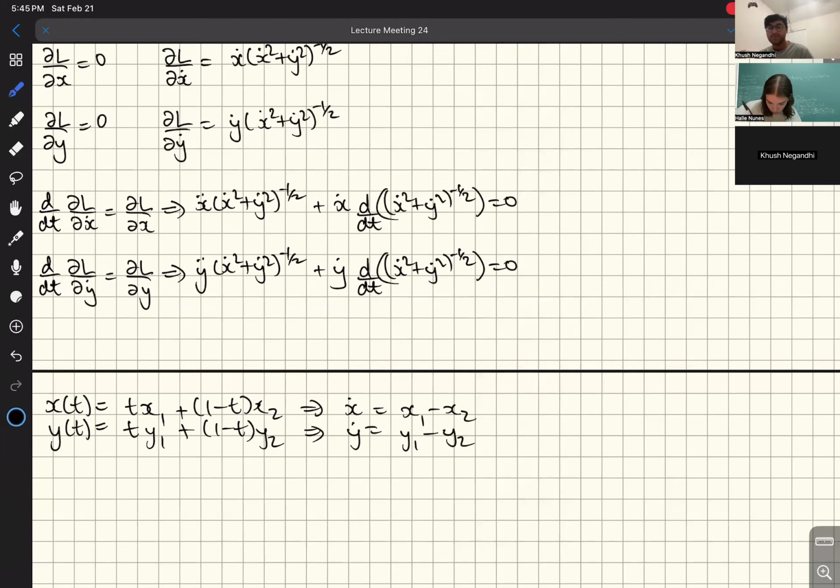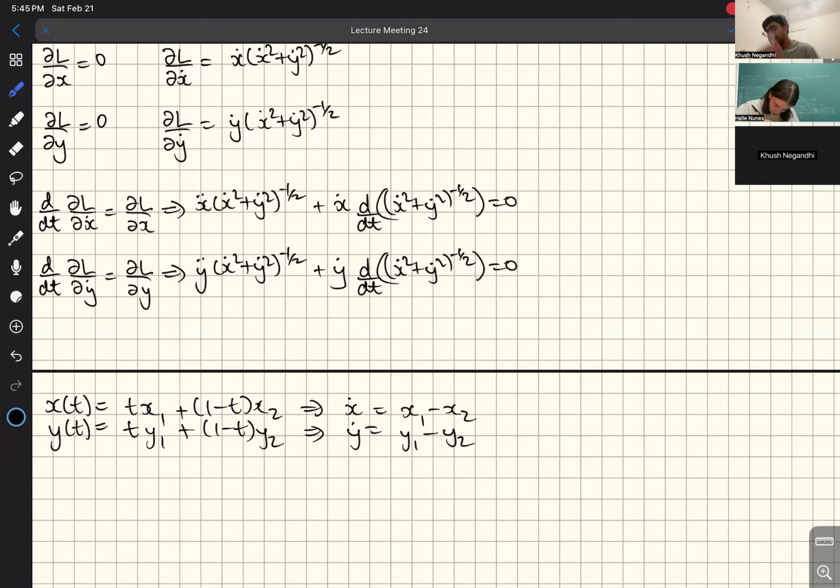The only trouble point is if x1 and x2 are the same and y1 and y2 are the same. In that case, the minimizing curve is just don't move, so we don't have to worry about that too much. Now we can assume at least one of them is not the same.